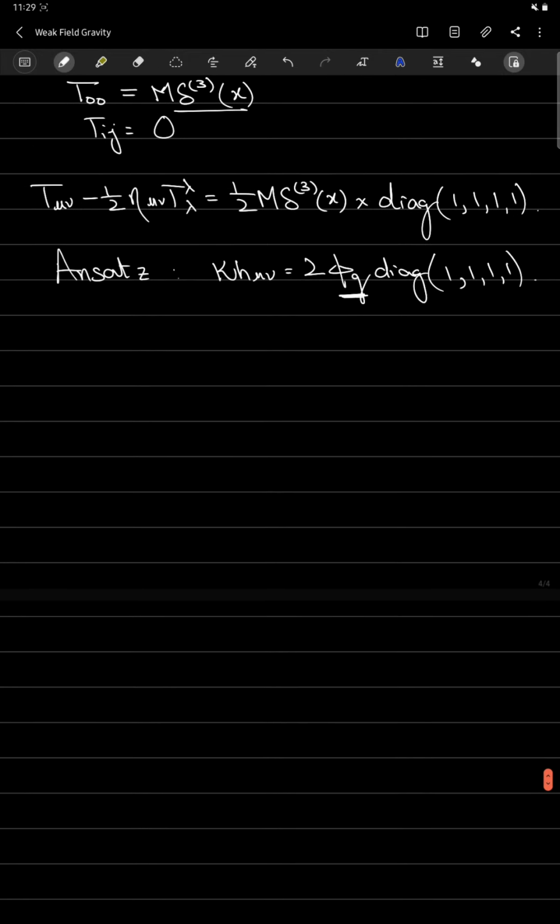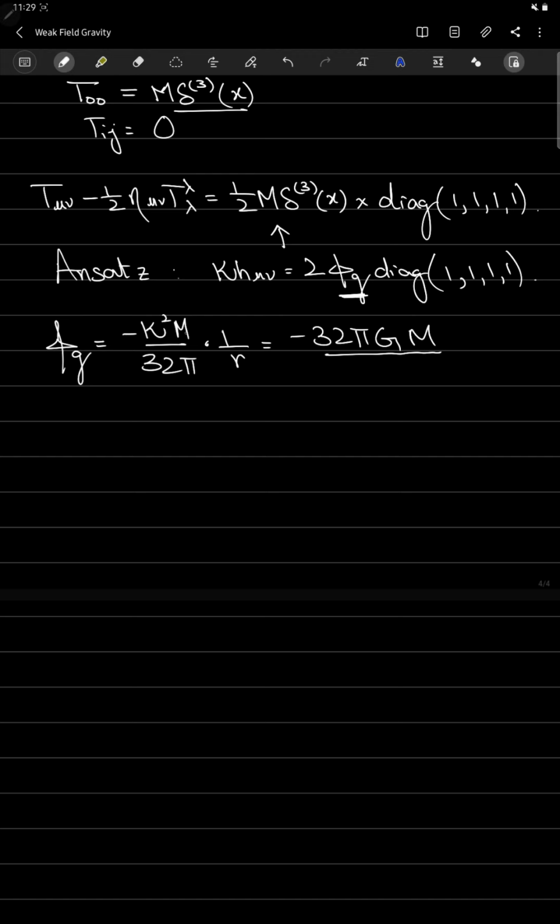So if I use this ansatz in this above expression, what I get is a solution for φ_g, which turns out to be minus kappa squared times m over 32π, times 1 over r. Now what is kappa squared? We know it is 32πG, and we have m divided by 32π, and we have this r. So this r comes over here.